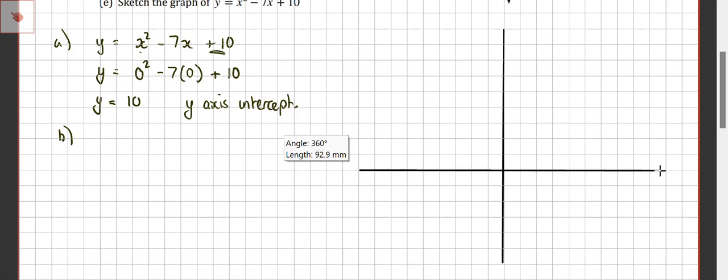I know that my graph crosses at 10. All right, so that's what it's saying. The y-axis crosses at 10. So that's one of the points. Now we've been doing it, that's the last point, in fact.